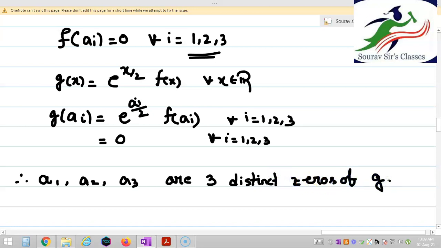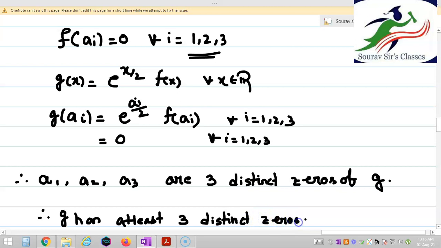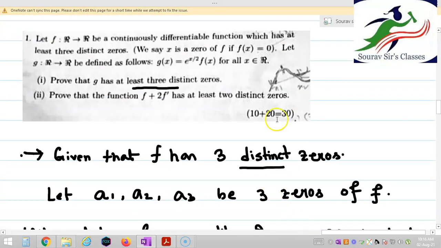We already have shown that g has at least 3 zeros, and therefore g has at least 3 distinct zeros. Okay students, so we have solved the first part of this question.